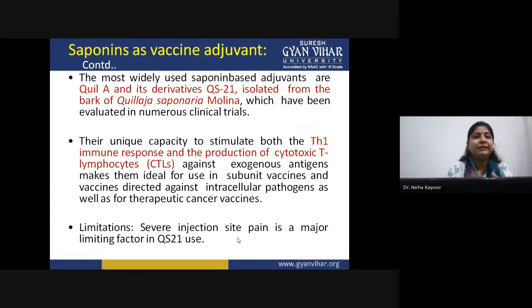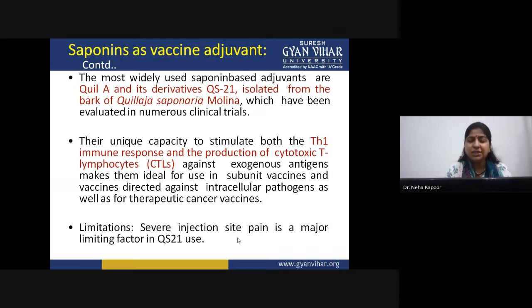That is why they are ideal for use in subunit vaccines, and vaccines directed against intracellular pathogens as well as for therapeutic cancer vaccines, because in most cases of intracellular pathogens and cancer treatment, these vaccine adjuvants are used for the vaccine preparation.